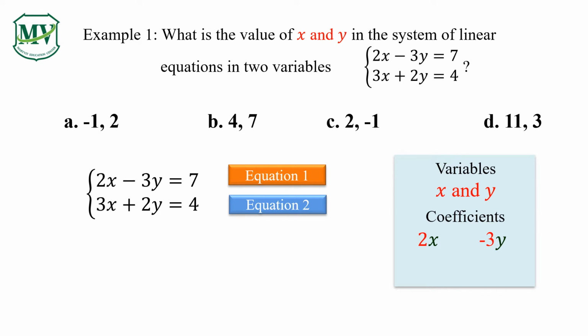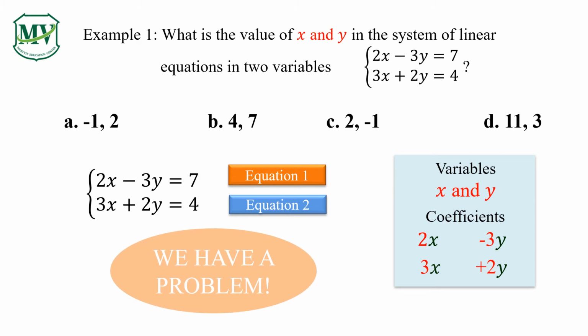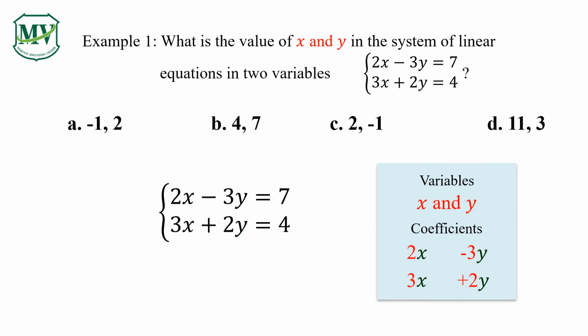In equation number 2, the coefficient of x is 3. The coefficient of y is positive 2. But we have a problem. As you can see, the coefficients of the same variables in both equations are not the same or numerically equal.